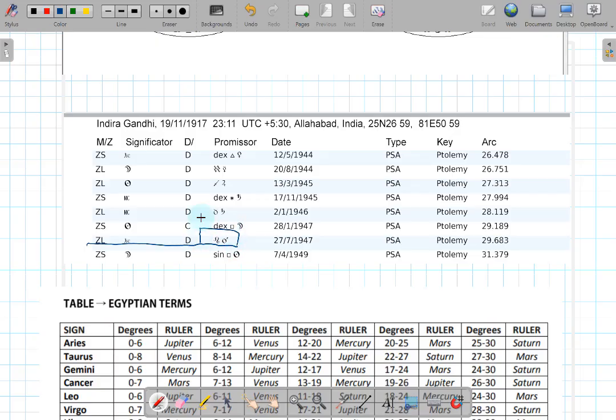Even when we were analyzing the marriage event, the same direction was in effect. The ascendant even at that time was directed to the terms of Mars, and even now the ascendant is still in the terms of Mars.